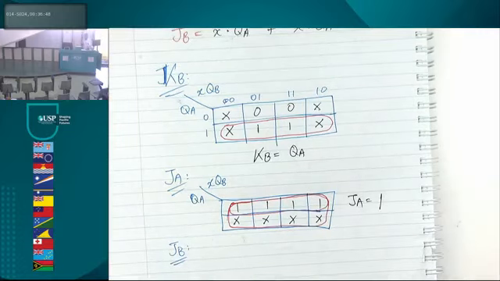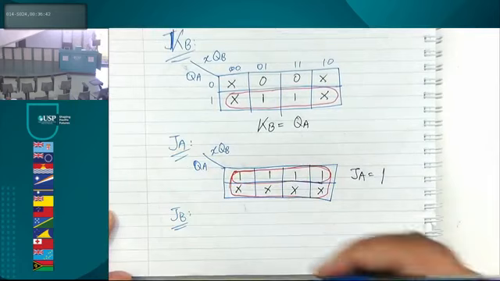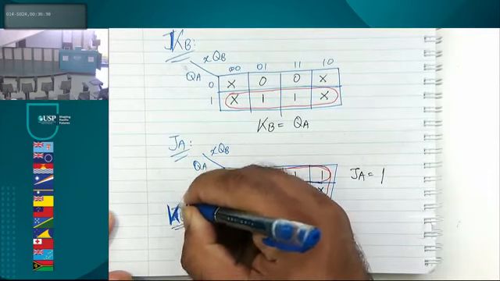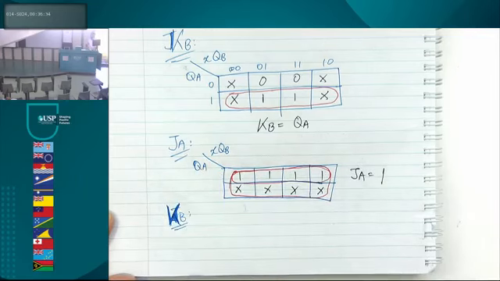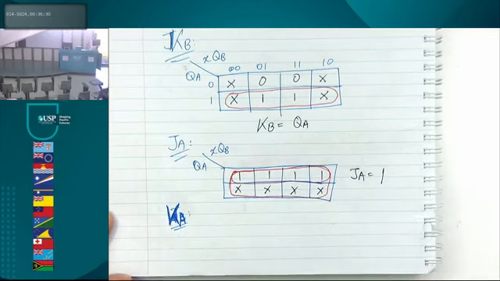All right, now let's look at KA, JA. Oh, guys, this should be KB. Sorry, KA, right? JA, KA. Right, okay.